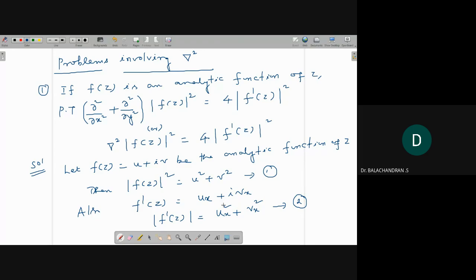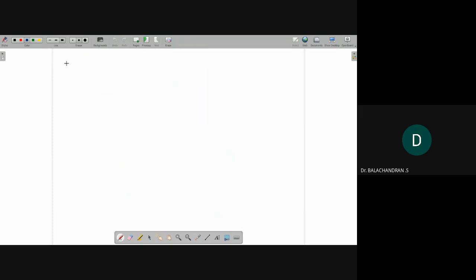So now I am going to differentiate equation 1 partially with respect to x, twice.